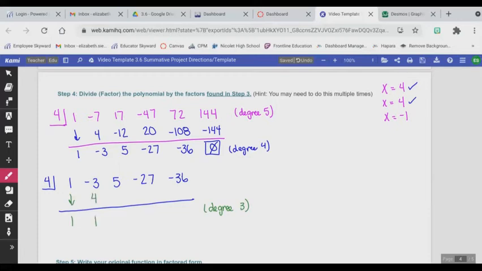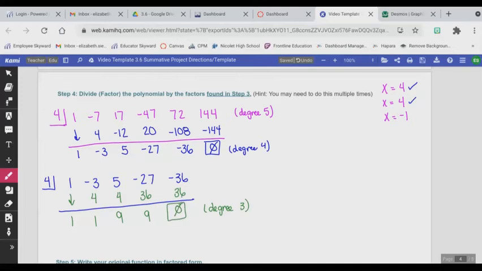Add straight down, I get 1. 1 times 4 is 4. Add straight down, I get 9. 9 times 4 is 36. -27 plus 36 gives me 9. And 9 times 4 is 36 again. And again, I have no remainder.